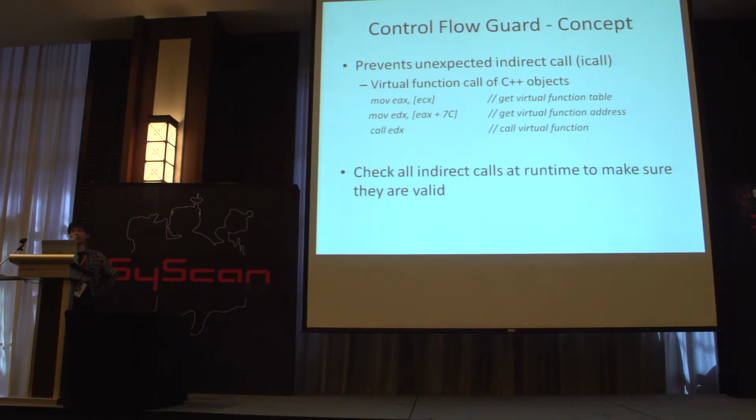And exploit writers often try to overwrite the virtual function table to redirect the execution flow to somewhere they want, usually some shellcode or ROP gadgets. And CFG will try to stop this control flow change by checking all target addresses in the indirect calls to make sure they are valid.